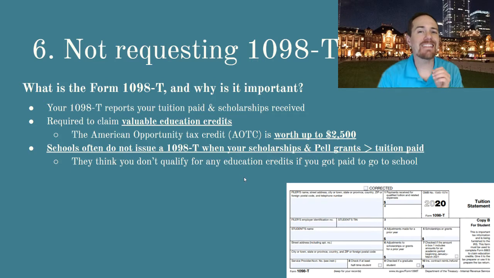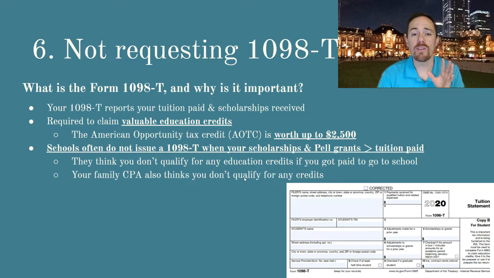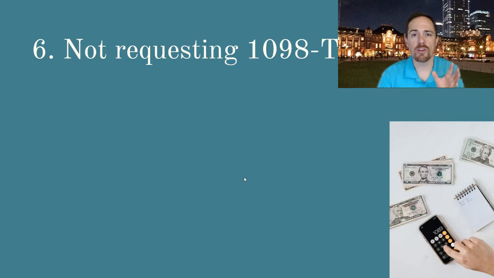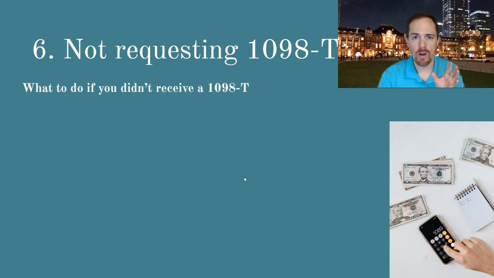And that's actually also what your family CPA probably thinks. And it's what your TurboTax software thinks. And all of those things are wrong. It's actually not true that you don't qualify. You can still qualify for this very valuable credit, even if you had scholarships and Pell Grants more than your tuition, and even if your school did not give you a 1098-T.